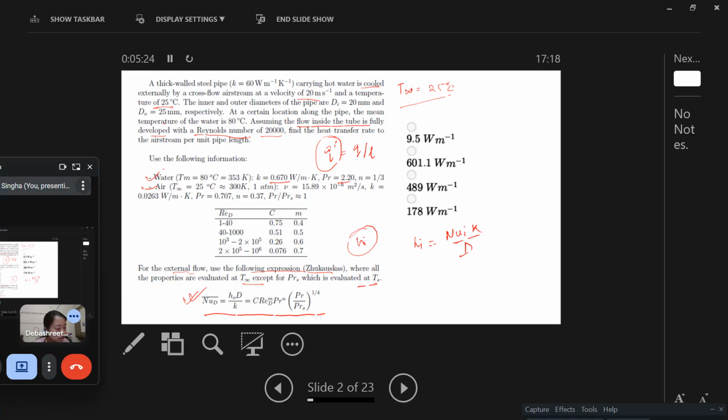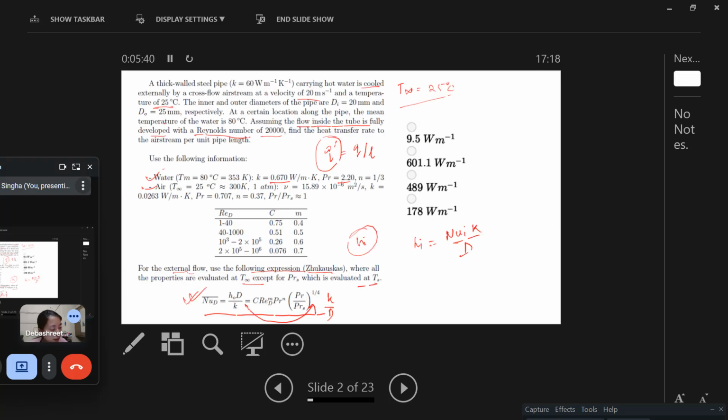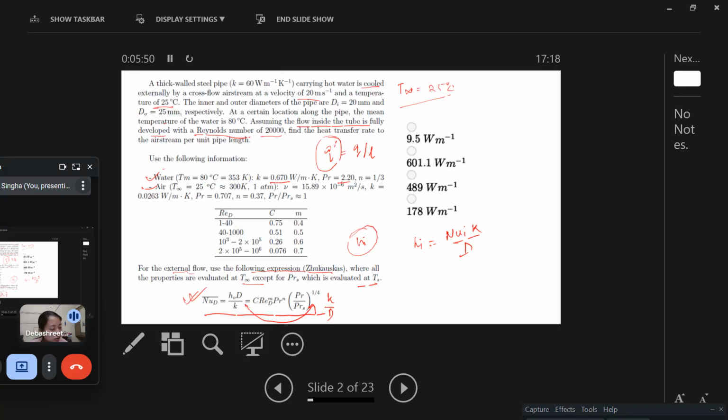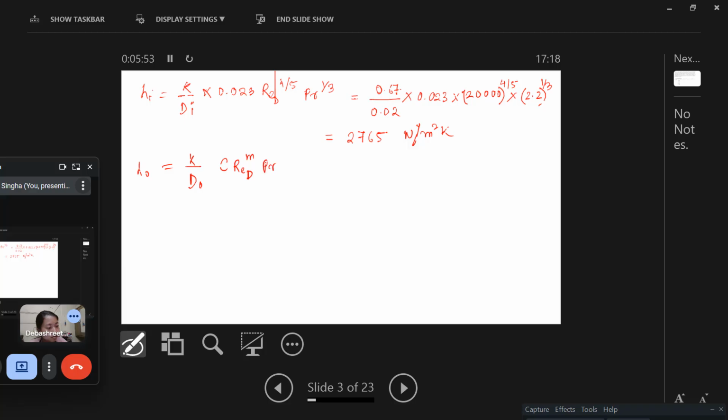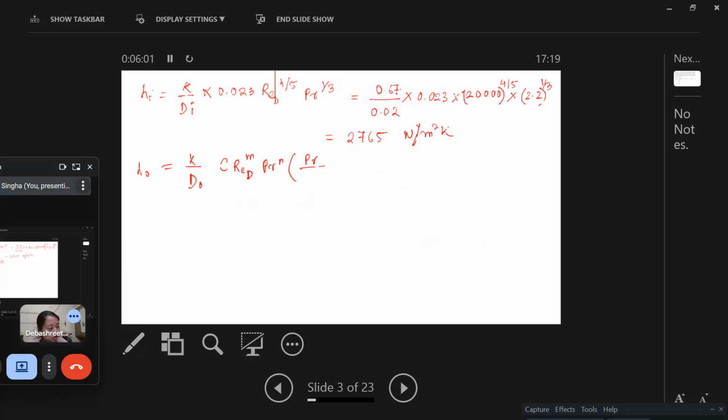Already it's given, ho, just bring the K by D here. This should be Do because it's for the outside. Then C Re D to the power m, Pr to the power n, Pr by Pr s to the power 1/4.